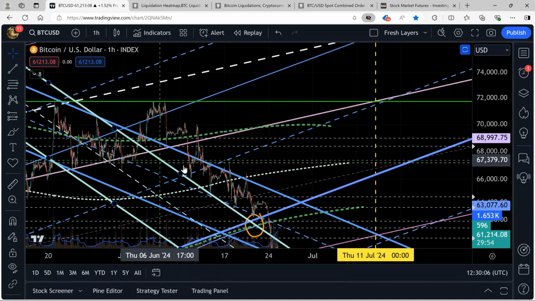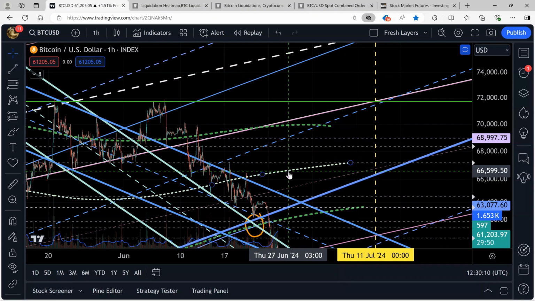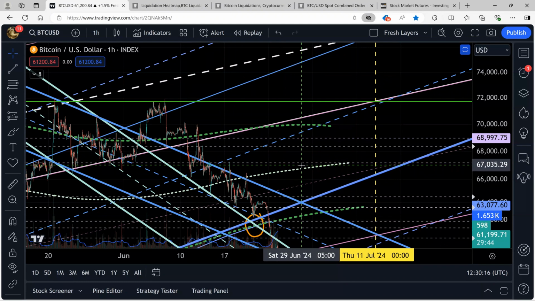It's about 67 and a half. Can we get up there? Can we get back up to the center line of this channel? Can we get back above the center line of the daily Gaussian channel by the end of the month?